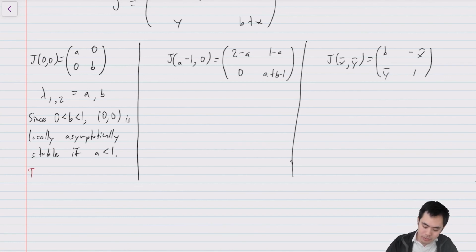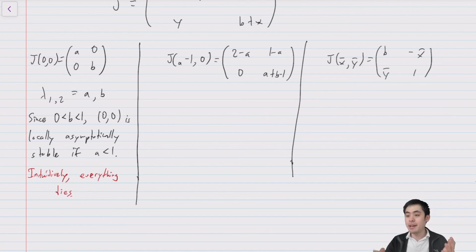So intuitively, everything dies. Basically, the growth rate of the prey animal, x, like the deer, for example, doesn't grow fast enough that even if you didn't have any predators at all, it would die out. So the fitness of this animal isn't particularly interesting in the case when a is less than 1. So that's a not so interesting case.